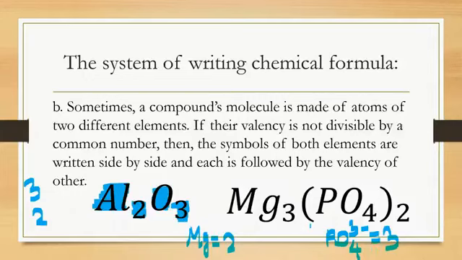So first of all, we need to write down the symbol of magnesium and the formula of phosphate radical. Then the valency of magnesium, 2, is written after phosphate, and the valency of phosphate, 3, is written after magnesium. This is another rule for writing chemical formulas.